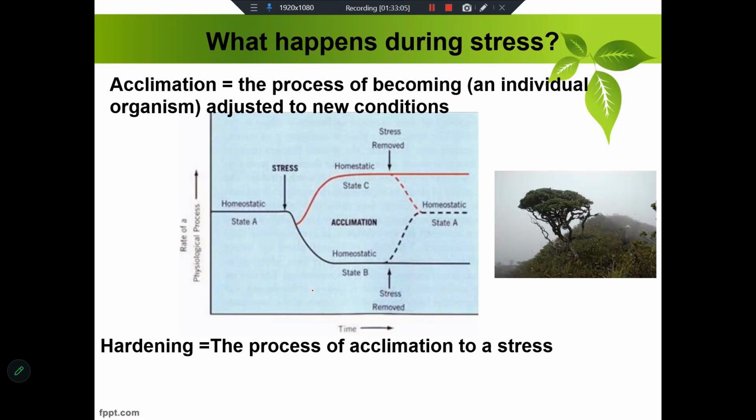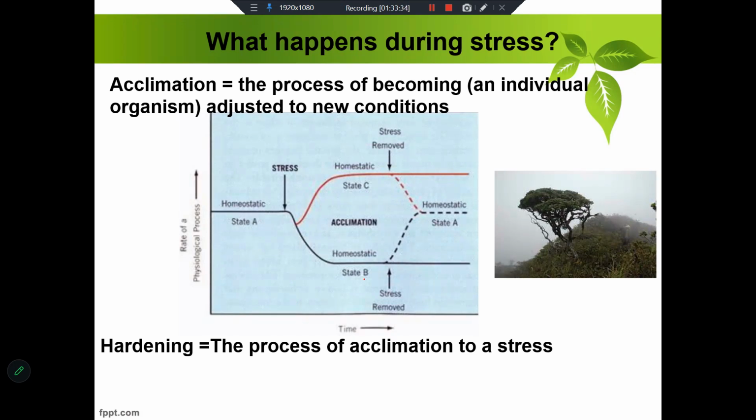Adaptation is an evolutionary process, but acclimation is not, because that will not go into the DNA level. It's just a plant-level, individual-level process of becoming adjusted to the new condition. It is also called hardening of the plant.